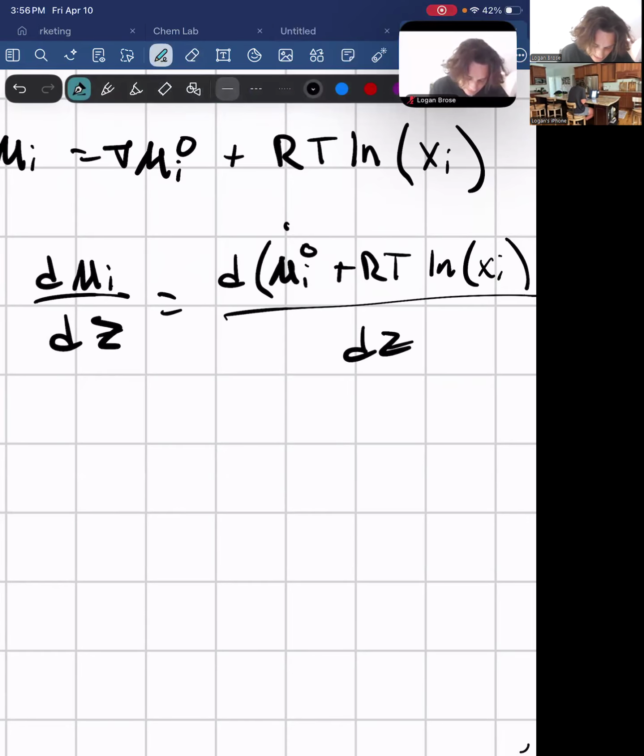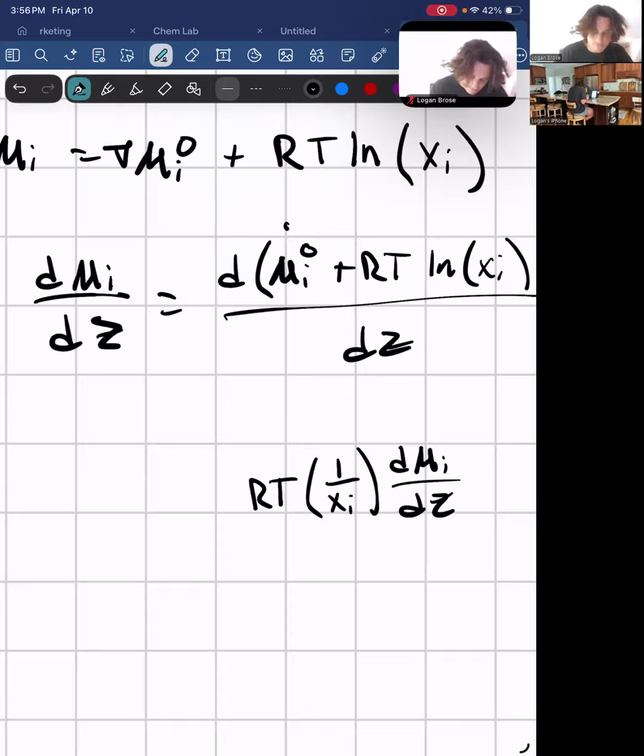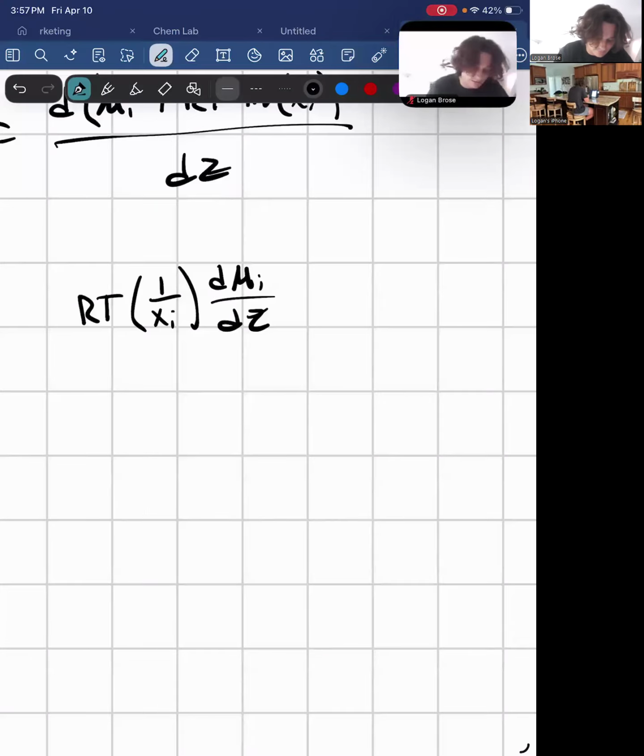We can then write this as RT times 1 over xi, right? We can write it like this.